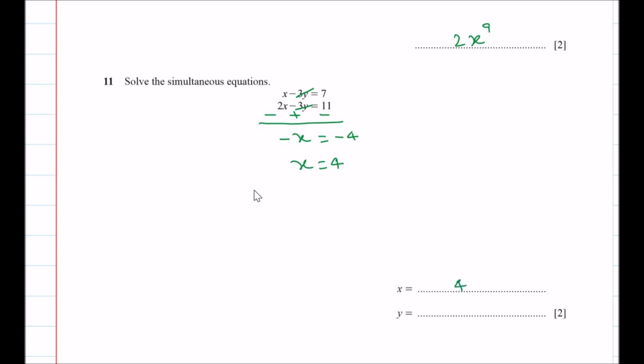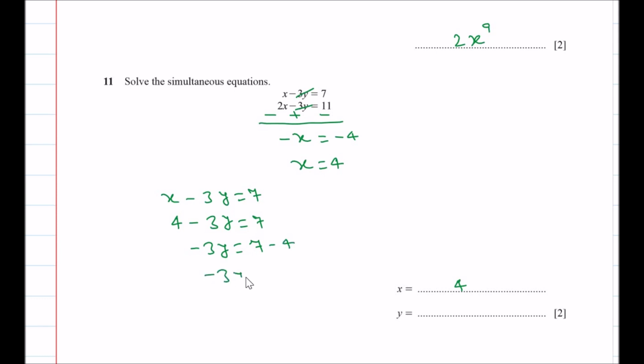Now we need to find y. So we'll substitute x equal to 4 in either equation. So I am taking the first one. x minus 3y equal to 7. x equal to 4, so substitute here 4. Minus 3y is equal to 7 minus 4. 4 will be shifted to the right side.